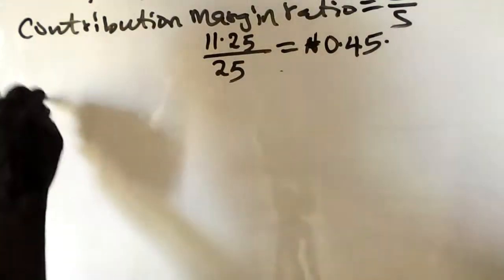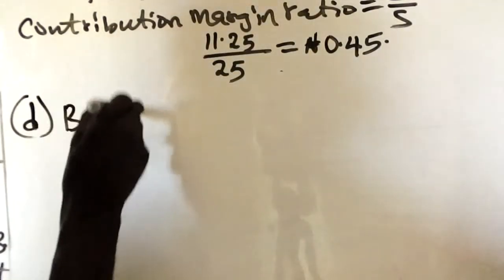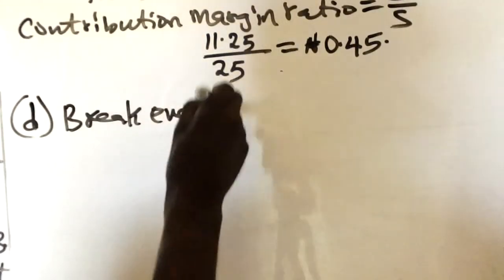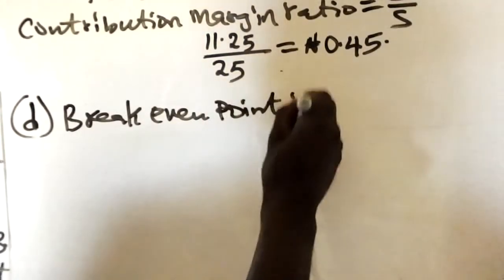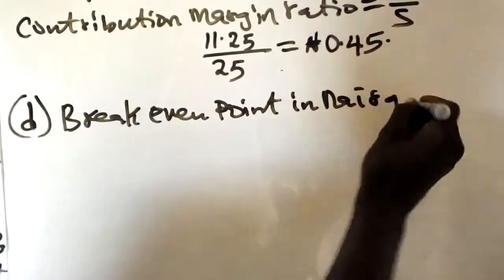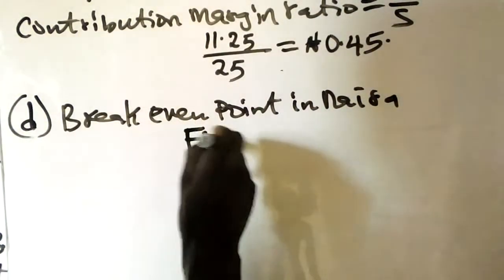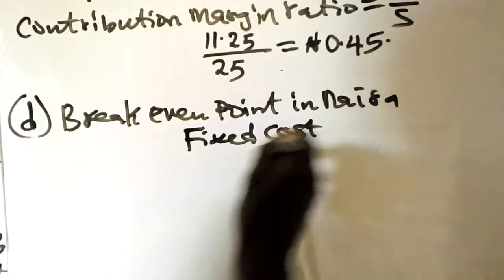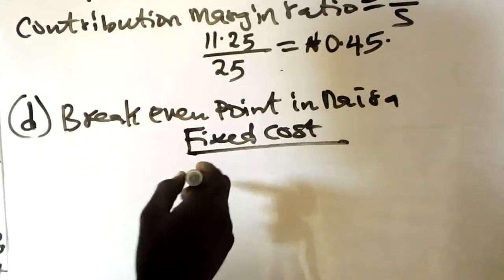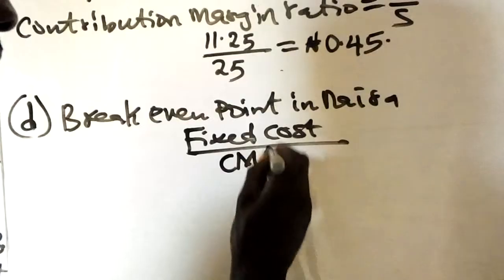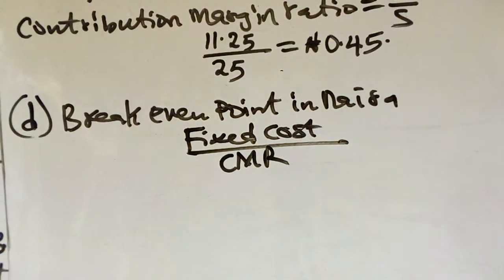So we want to calculate the break-even point in Naira. I told you that the formula for break-even point in Naira is fixed cost over CMR, since it is in sales value. The only change to the existing fixed cost is the additional 11,250 spent on advertising.